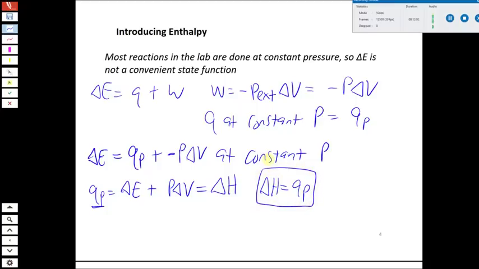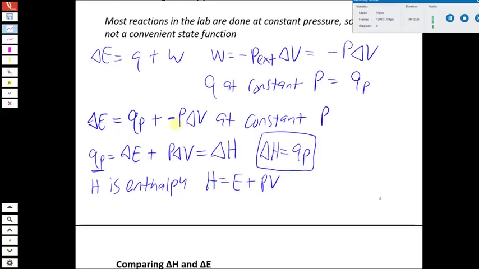So delta H for a lot of chemical reactions is a much more convenient one to think about because we don't have to measure Q and W, we just have to measure the heat, and that gives us delta H directly. So what H is referred to is called enthalpy. And taking the deltas out of the equation, it equals energy plus the product of pressure and volume.